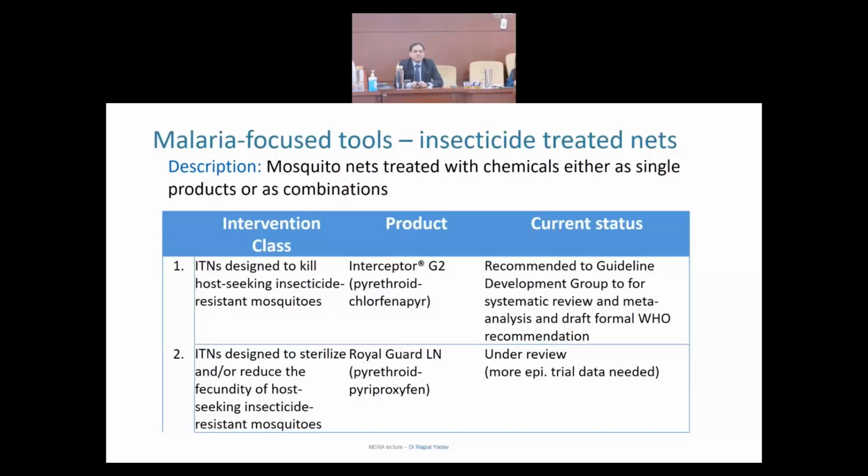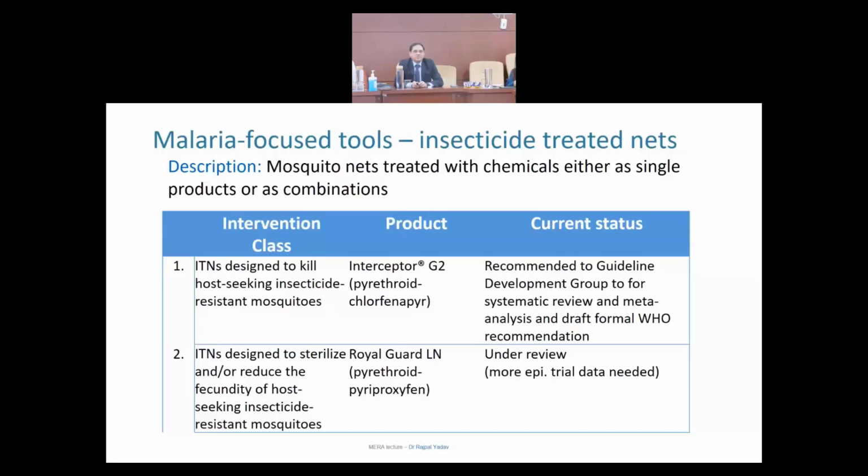So currently WHO is evaluating the data in order to develop a formal recommendation for this product in terms of its use for control of malaria in areas where pyrethroid resistance is present. So this is a new net that would be an alternative product.